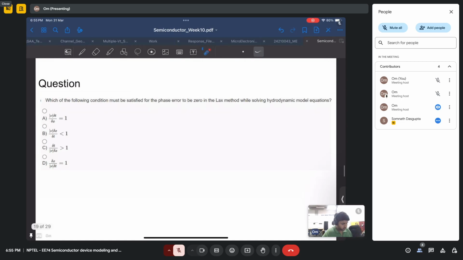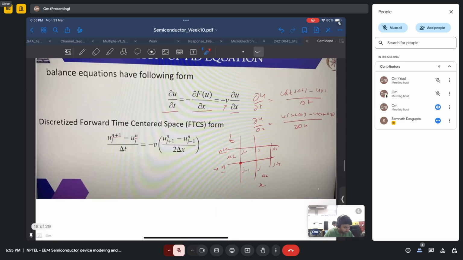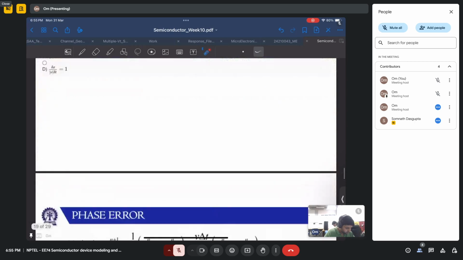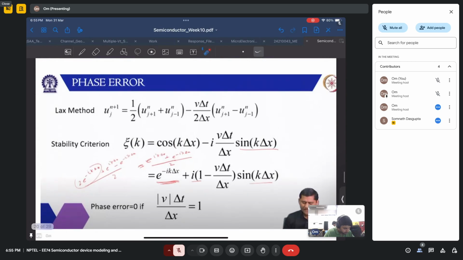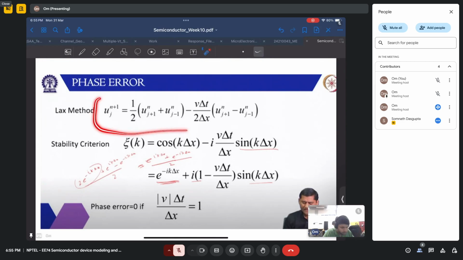The first question is, which of the following conditions must be satisfied for phase error to be zero in the Lax method while solving hydrodynamic model equations? The Lax method is another method like this forward time centered method. This is the equation for the Lax method: u_j^(n+1) equals 1 by 2, whatever this equation is, not important for me.